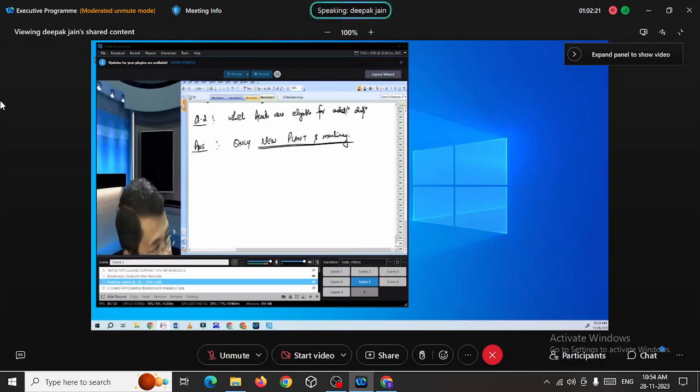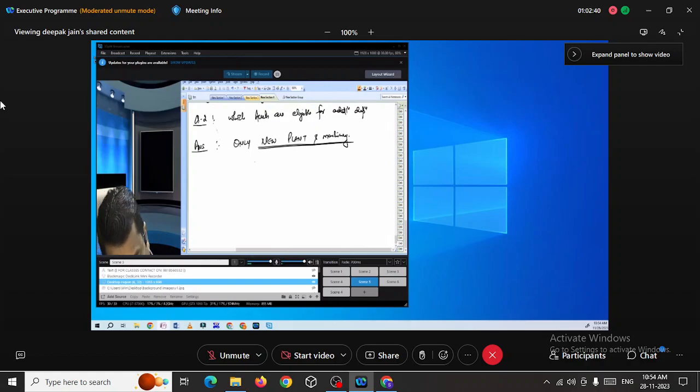Only new plant and machinery is eligible for additional depreciation. New building, new furniture, new intangible is not eligible for additional depreciation. Only and only new plant and machinery is eligible for additional depreciation.